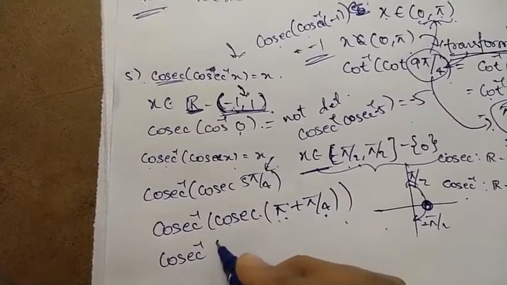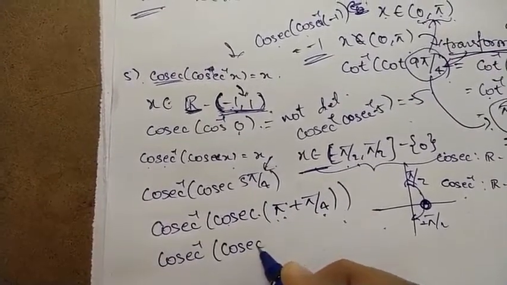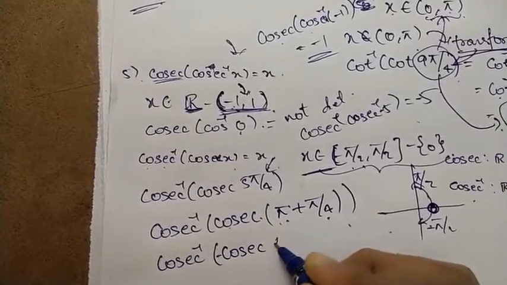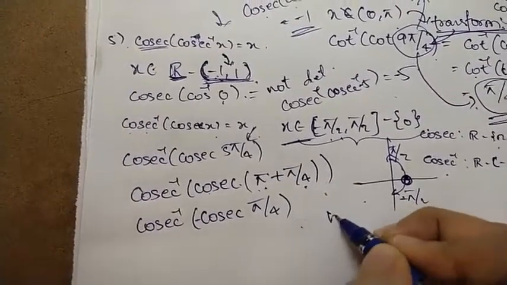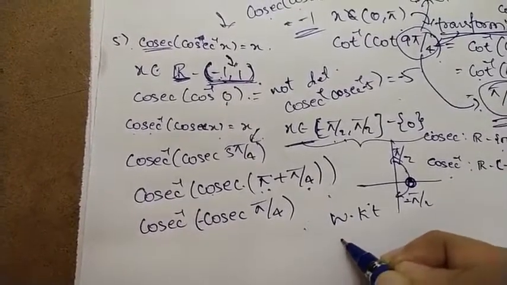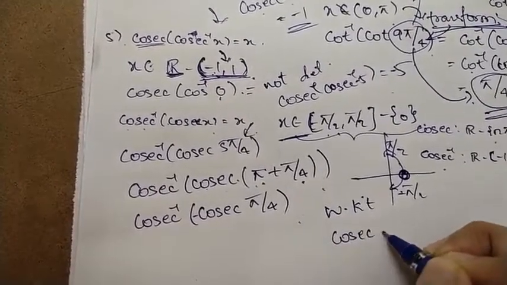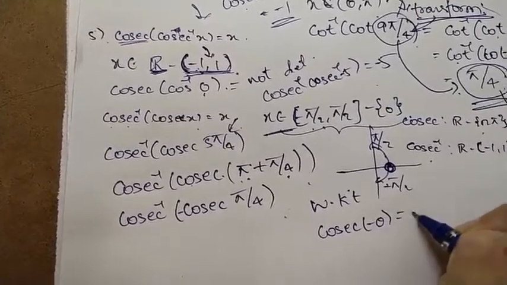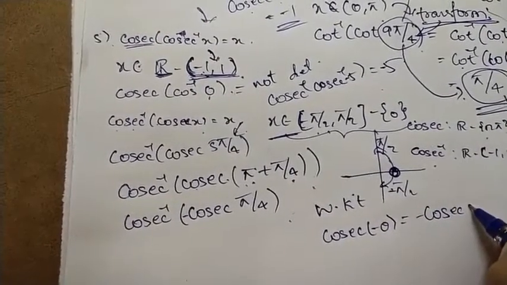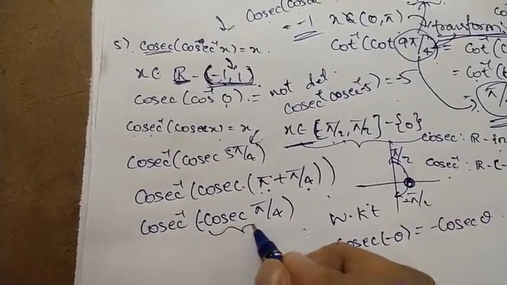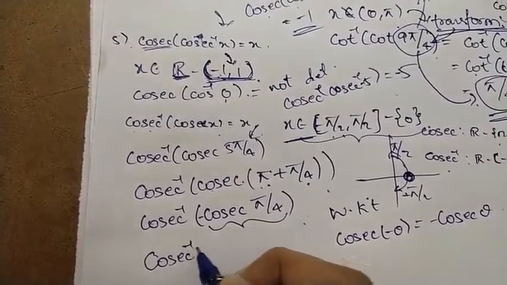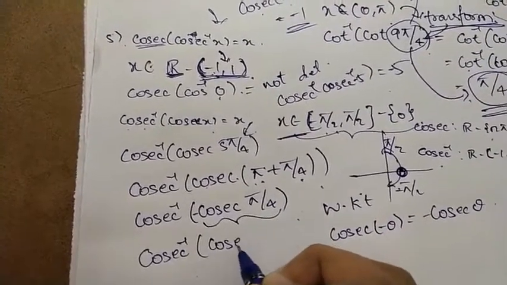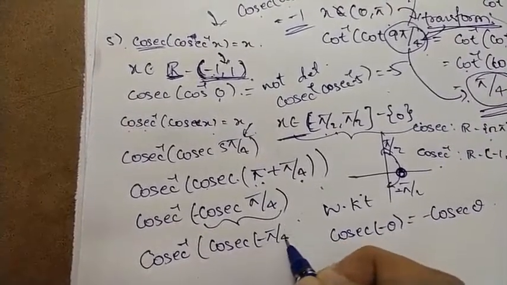So cosecant inverse of minus cosecant pi by 4, and we know that cosecant of minus theta is equal to minus cosecant theta. So here minus cosecant pi by 4, I can write as cosecant inverse of cosecant minus pi by 4.